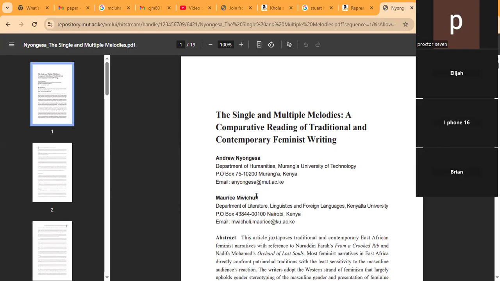Yeah, so if you can see it, a comparative reading of traditional. If you can see it, let me see a thumbs up if you can see this paper here.